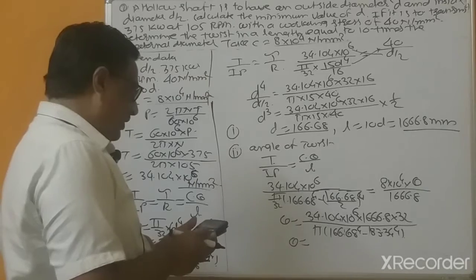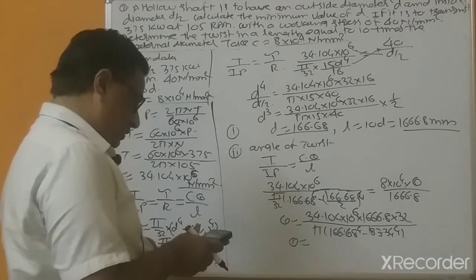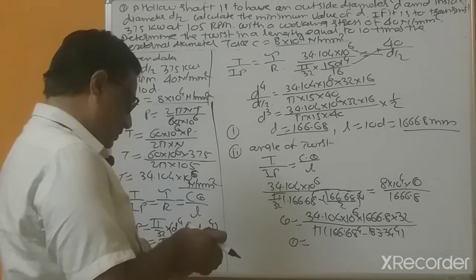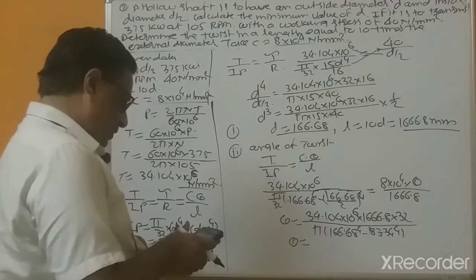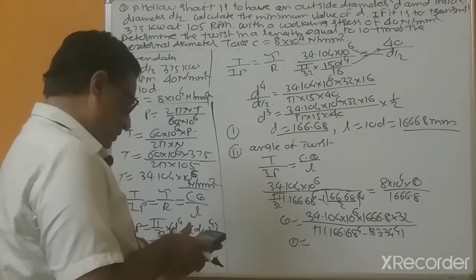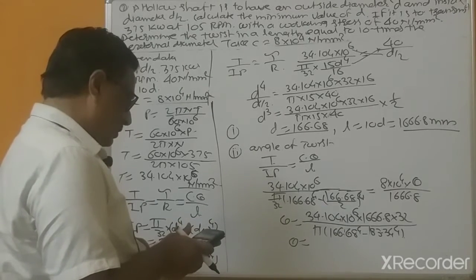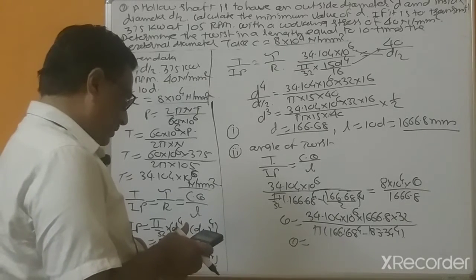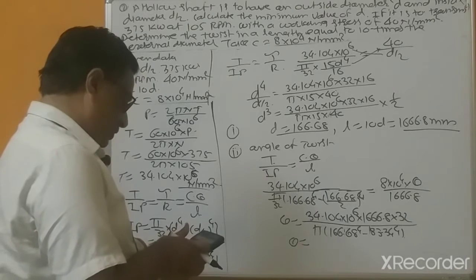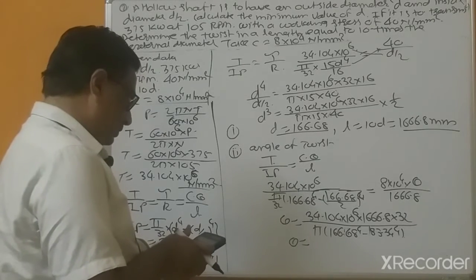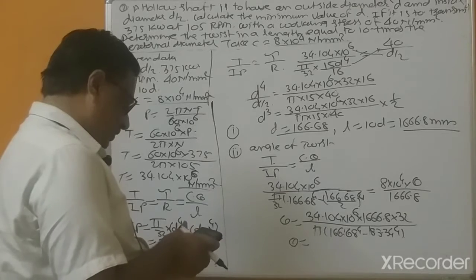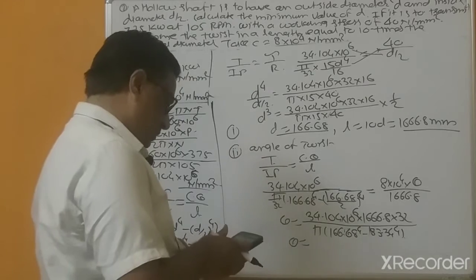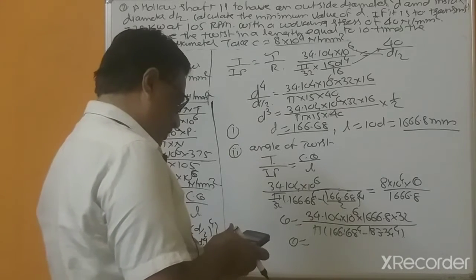So first we will calculate this denominator value, 83.34 multiplied by pi, 1 divided by answer, 34.104 into 10 to the power 6 multiplied by 32.